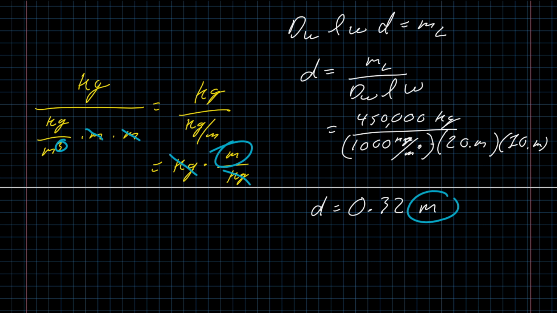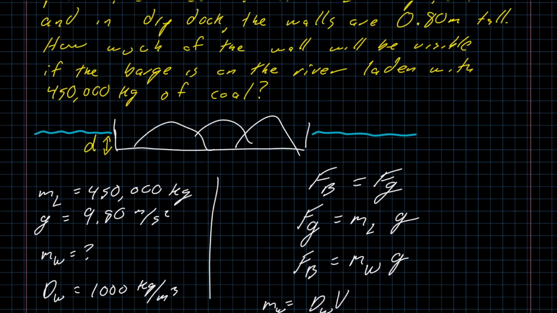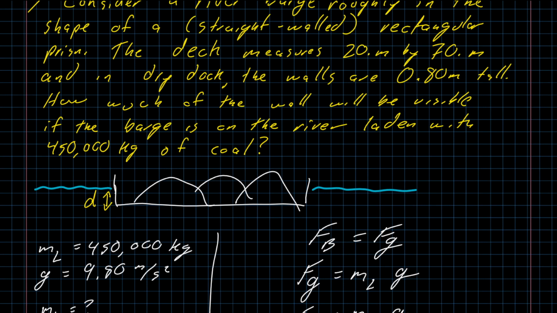There is one more wrinkle in this problem, though. Because if I scroll all the way back up to the statement of the problem, we were asked how much of the wall will be visible. That's this part. We calculated that part. So here's where we use that last piece of information.